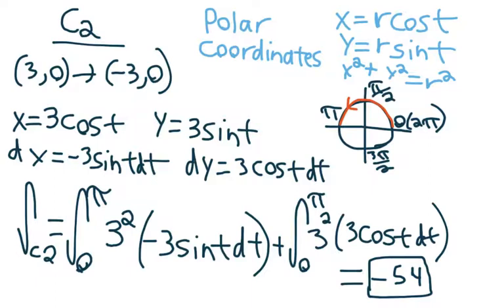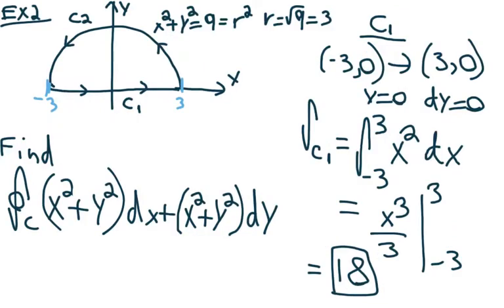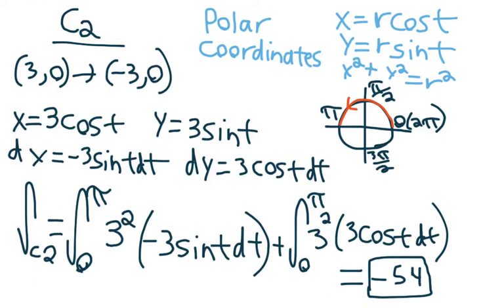Finally, if we replace the x squared plus y squared in the F that we were given at the beginning by the x and the y that we found, and the dx and the dy by the ones that we found, we get 3 squared times minus 3 sin t dt plus 3 squared times 3 cos t dt.